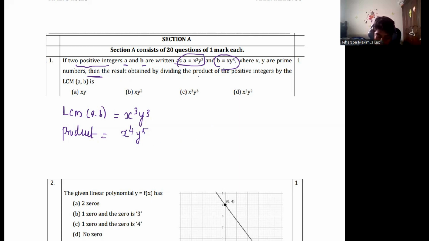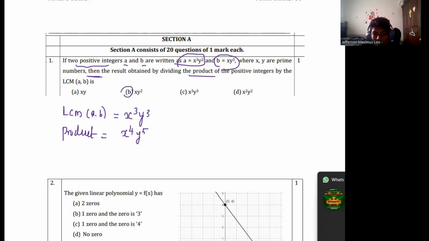Dividing, the product is in the numerator and the LCM is in the denominator. The answer is x y square. Say the option and answer. Option B. Good.